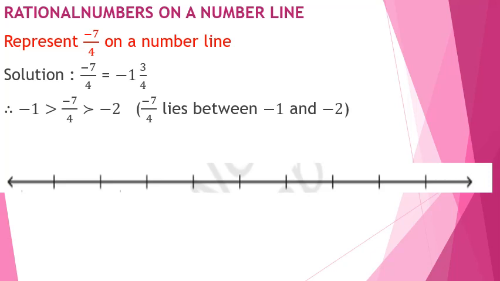Here we have to represent a negative rational number. In this case, if we are starting with 0, then 0 should be marked on the rightmost side of the number line, because negative numbers lie on the left side of the number line.